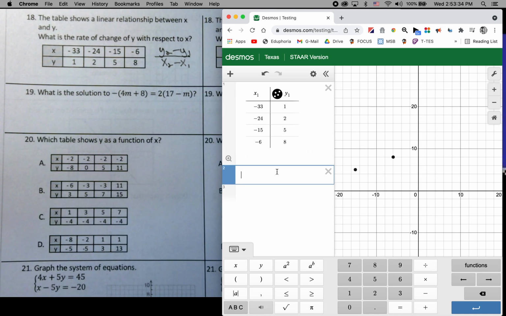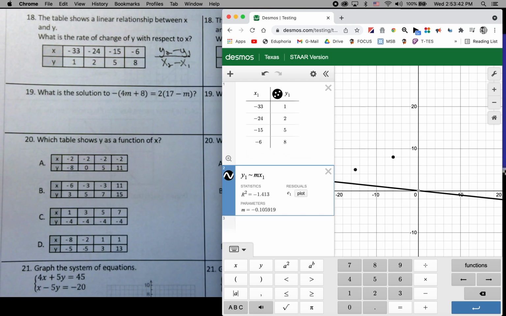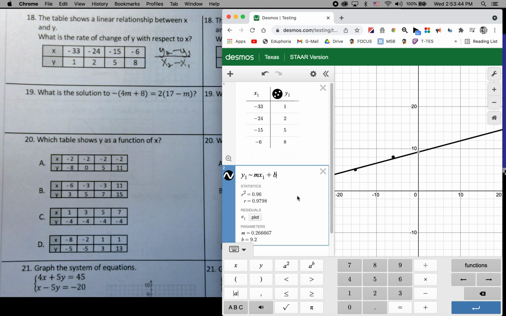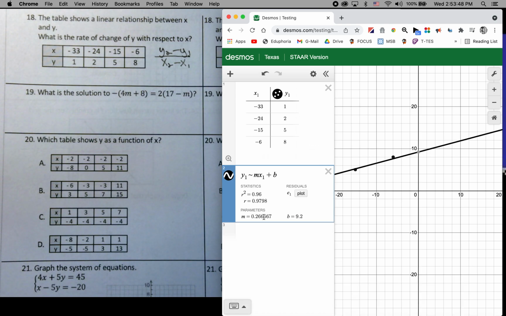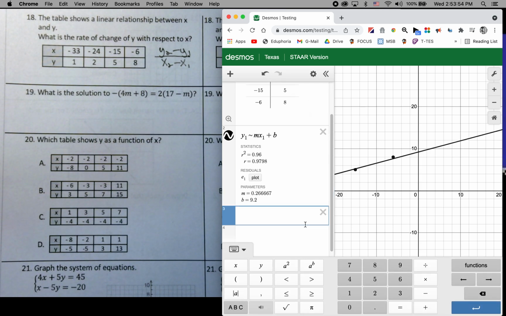Okay, and then I can type in y1, shift, and then hit the tilde button, mx1 plus b, and it gives me all this stuff. Now, here's my slope right here. But if I was taking a test, I guarantee you it wouldn't be in a decimal form. So I'm going to take that 0.26666, a whole bunch of sixes, and then hit this button that's the fraction.